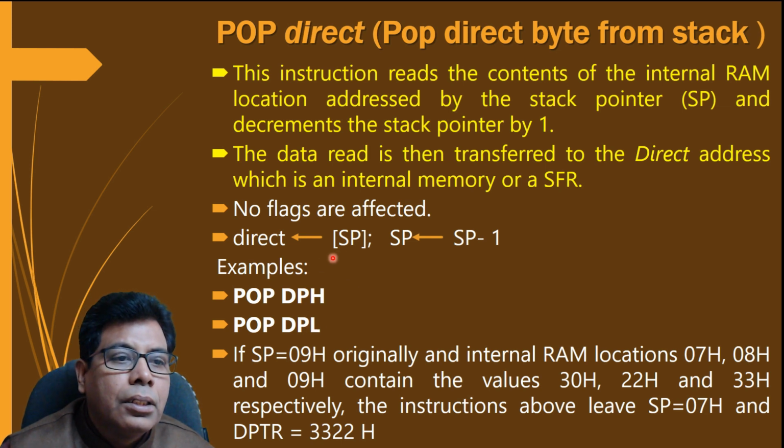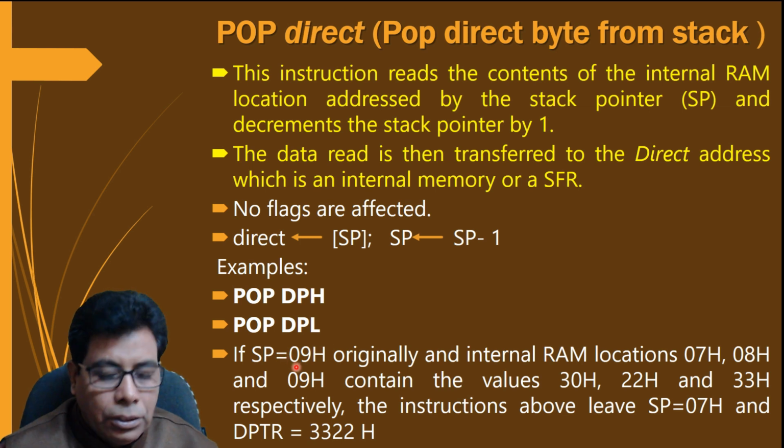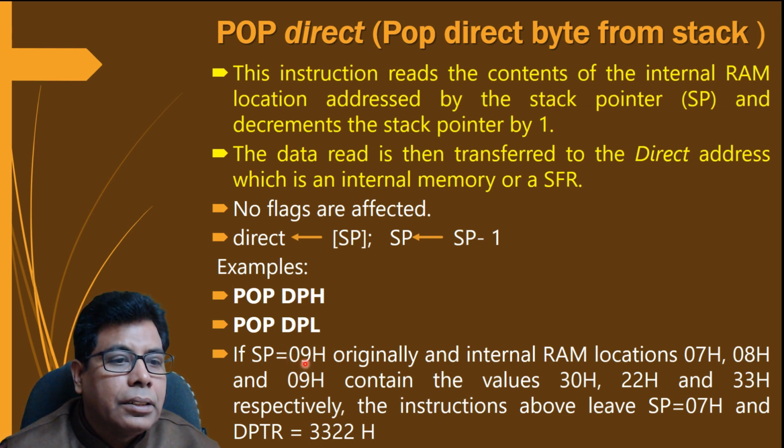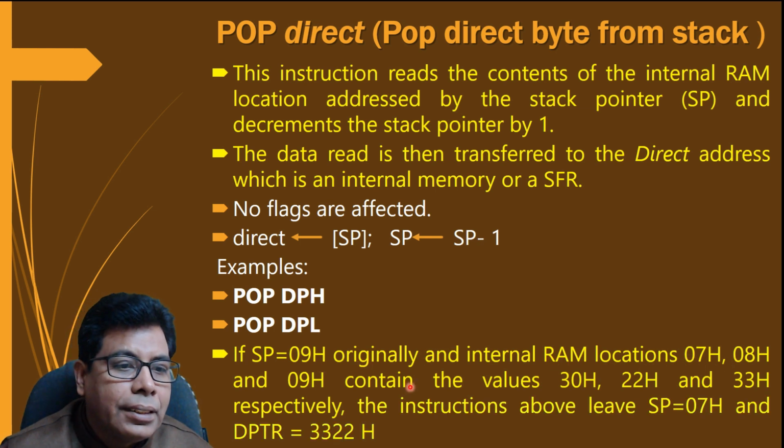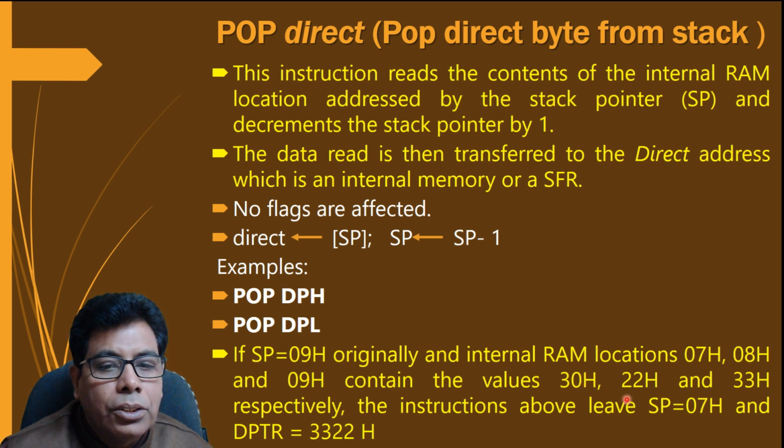So whatever is the stack pointer, as per that the operation will take place. Here if the stack pointer is 09 and the contents of memory locations 07, 08 and 09 are 30, 22 and 33, then what will happen? First 09 has got 33, so this 33 will go to DPH.